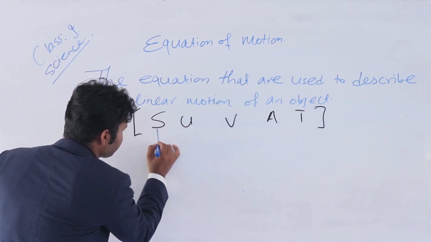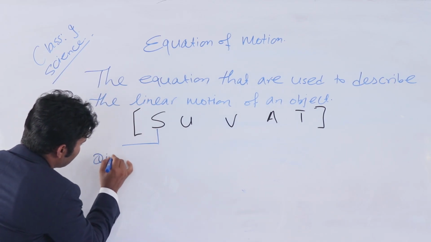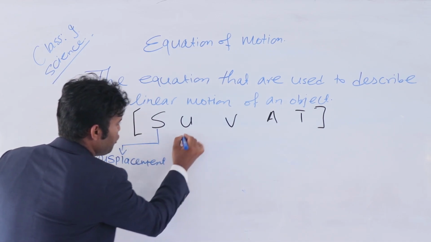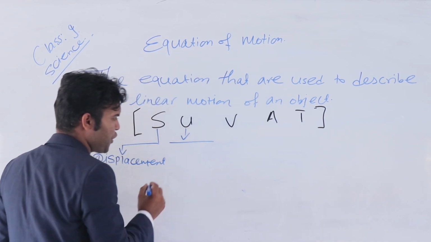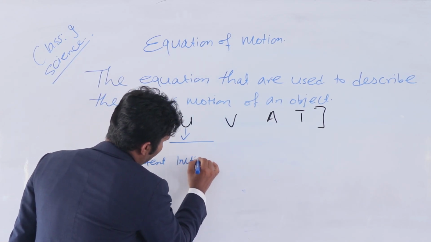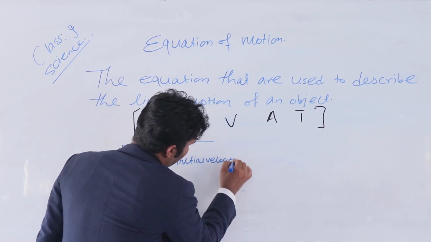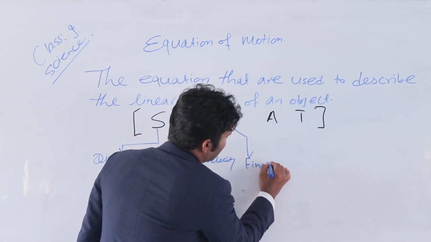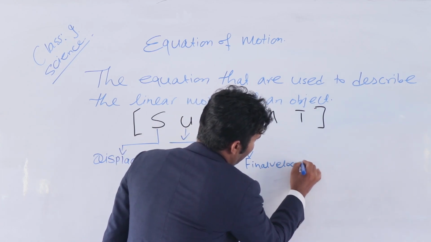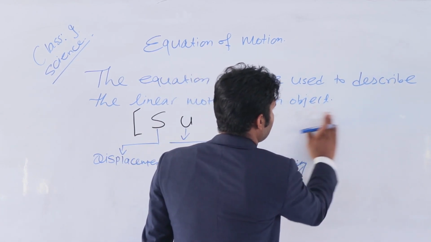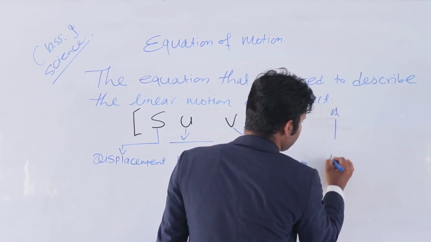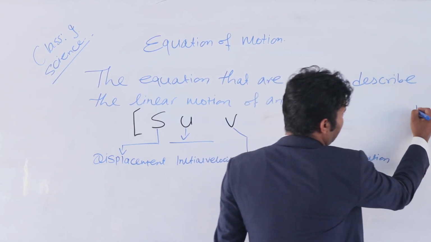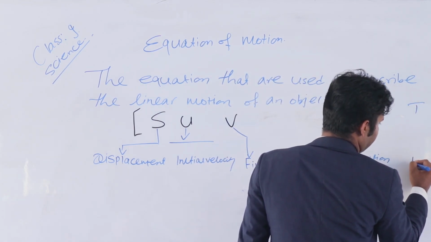S means displacement, U means initial velocity, V means final velocity, A means acceleration, and T means time taken.